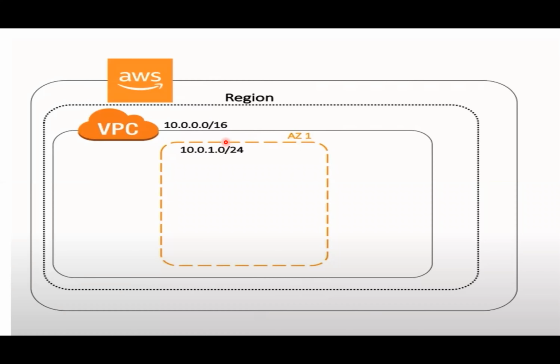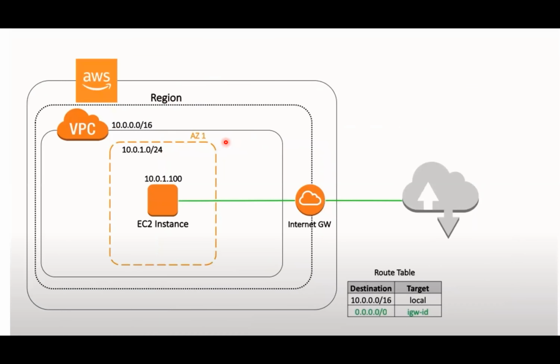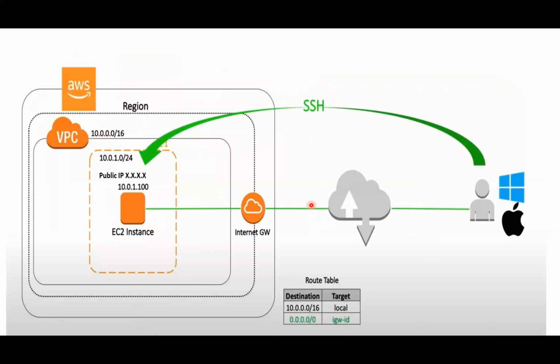So in today's assignment, we're going to create an EC2 instance inside that public subnet. And if you remember, I talked about the internet gateway. The internet gateway is needed for communication with the outside world, which means the internet. So that EC2 instance will talk to the internet using that internet gateway, and we will need a public IP.